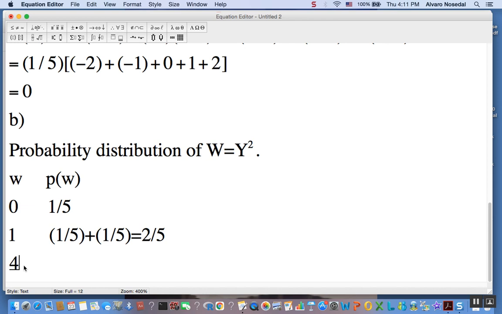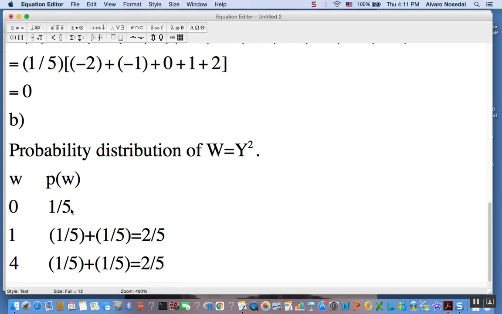My suggestion is that when you're finding the probability distribution of a transformation, check that it satisfies the properties of a legit probability distribution. In this case, these three numbers are between 0 and 1. Check.